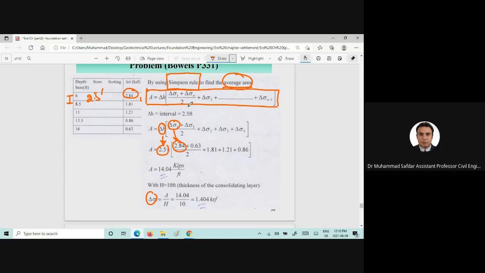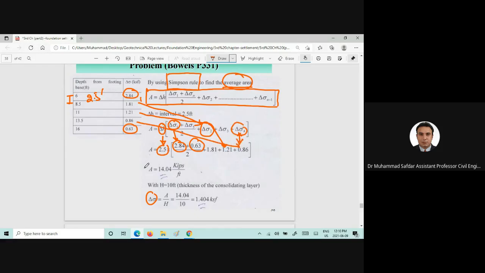Now delta sigma n means how many values we have. So the last value is delta sigma 5, which is 0.63. So you can include that here, divided by 2, plus 1.81 delta sigma 2, which is here, delta sigma 3, which is here, and delta sigma 4, which is here.